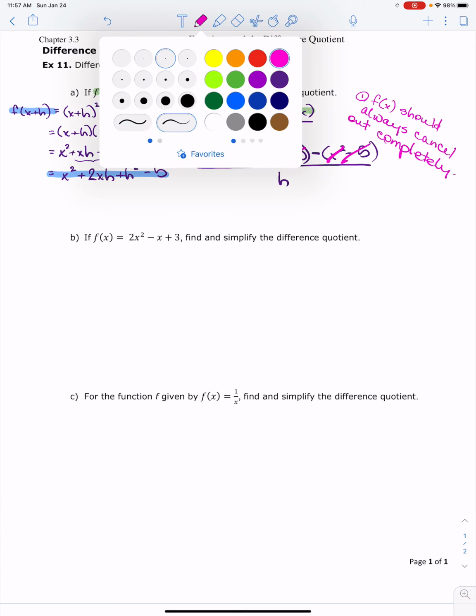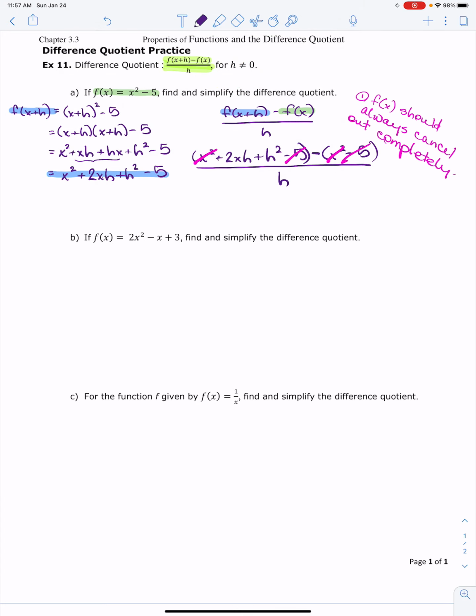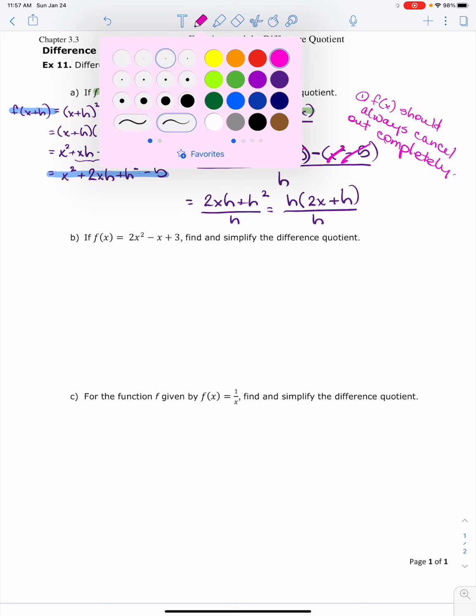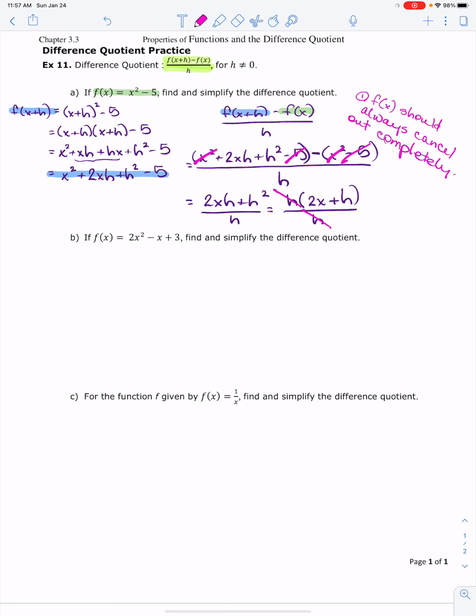Okay, let's take a look at what we have left. I have got 2xh plus h squared all over h. I can factor an h out of both terms in the numerator so that it cancels with the denominator, and that is the second thing that should always happen.